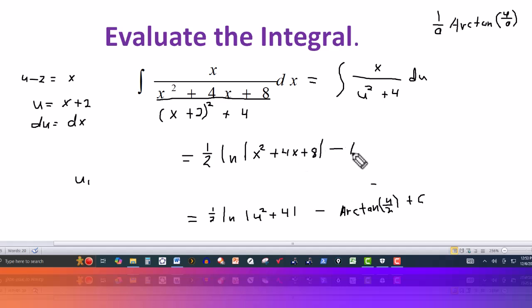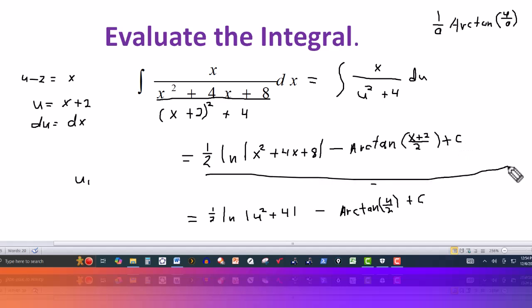And that's minus arctangent of u, but in our case u is x plus 2, over the a, of course in our case this is 2, plus the constant of integration. So this is your final answer. 1/2 ln of the absolute value of x squared plus 4x plus 8 minus arctangent of x plus 2 over 2 plus the constant of integration.